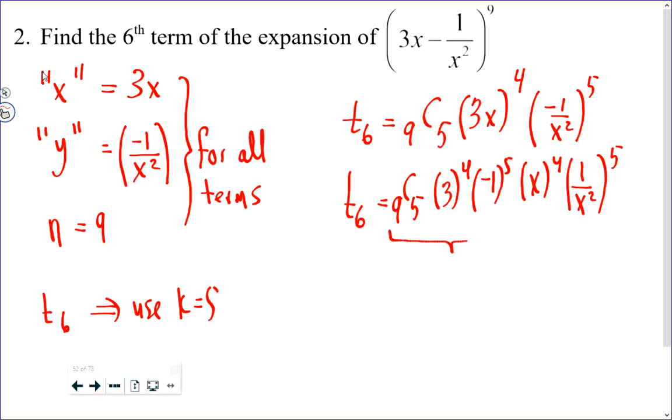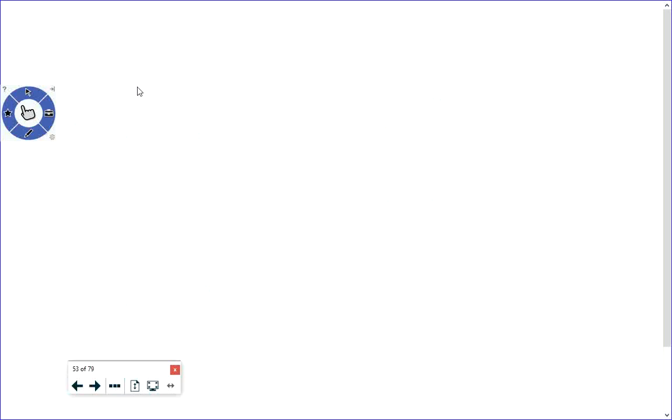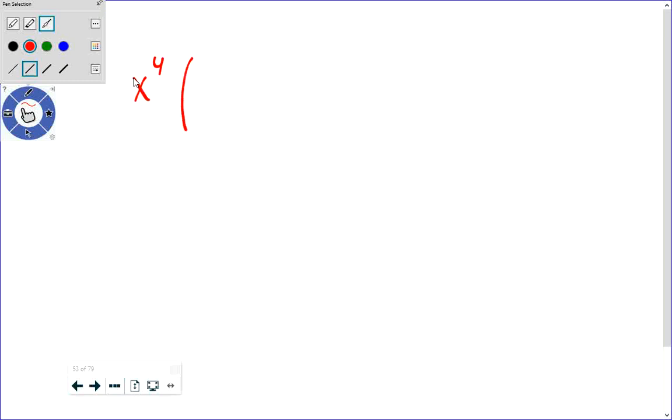Again, what you're going to get here, I'm not particularly interested in. Your sixth term will have a coefficient. You can feel free to figure out what 9 choose 5 times 3 to the 4 times negative 1 to the 5 is. And then this other part will end up being 1 over x to the 6, because what you have is x raised to the 4, multiplied by 1 over x squared raised to the 5.